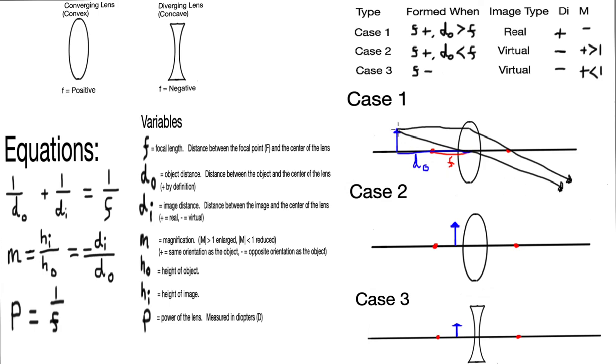Our third line, we draw through our closer focal point, and once it hits the lens, it's going to be at the same angle as up here, so we draw it going parallel. You can see where they all meet right here is where the new image is going to be. If I draw this new image, it looks like this. So here's our image, and the image distance would be this distance right here.